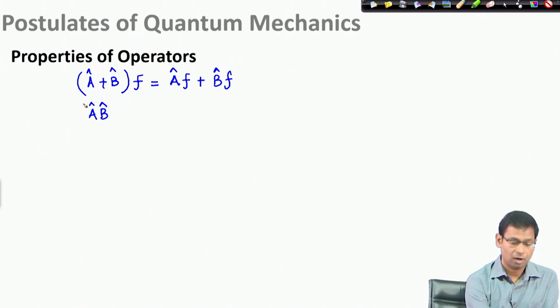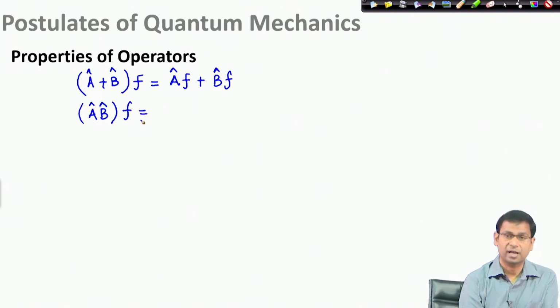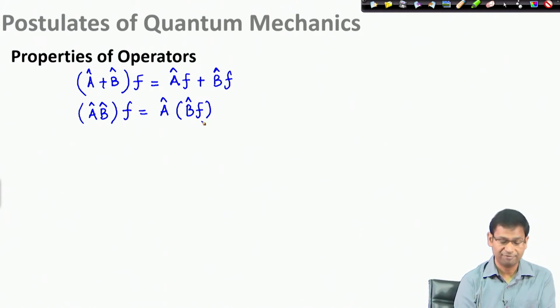If I have operator A multiplied by operator B and they act on a function f, then I first apply operator B on f, and when operator B acts on function f, I may get a function, I am calling it g, and now this function g will be acted upon by operator A, and then again it may give me another function h.